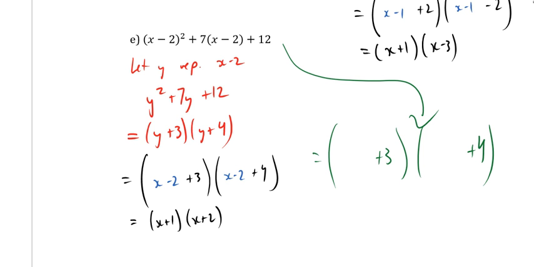And then I would just say, what is that something? It was x minus 2 and x minus 2, right? That's like my y. Like in my head, just think about that as my y, my thing. Okay? And then x minus 2 plus 3, x minus 2 plus 4.